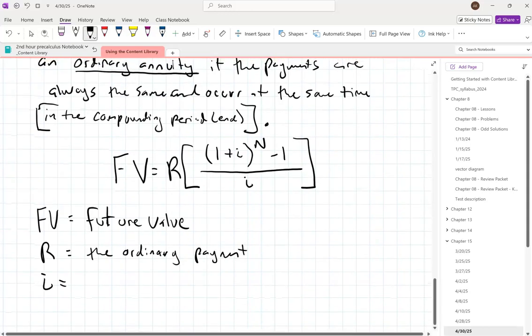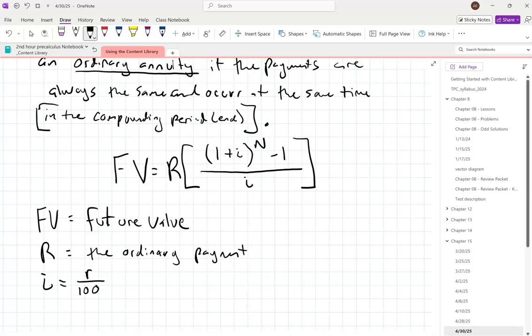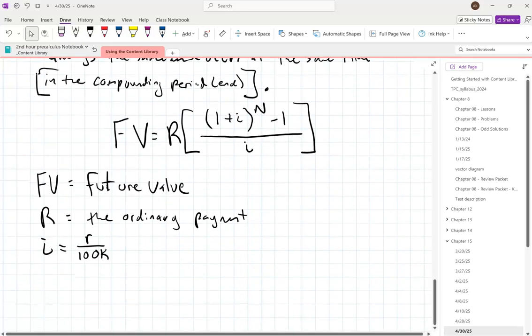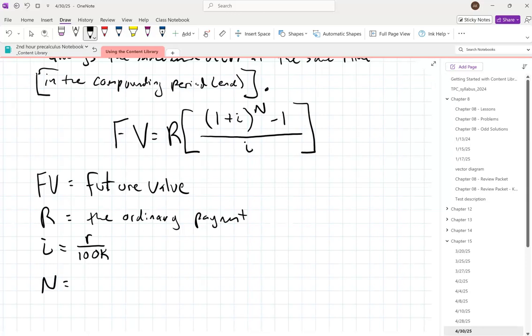Little i here is actually going to equal r over 100k, where the little r and little k are just the interest rate and the number of compounds. We do that just so the formula isn't so obnoxious. And capital N is the number of ordinary payments, or in our terms, n times k.